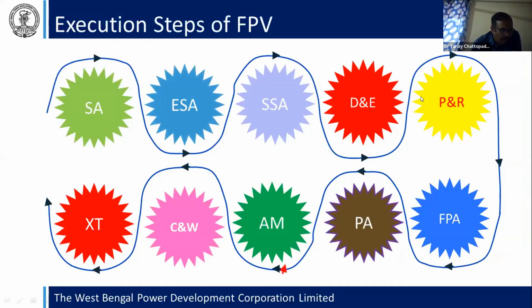Then permission from the regulatory commission is required, that is, what tariff is fixed for that generation and for the power purchase agreement. Then after that, the floating platform assembly design and the panel assembly are required, anchoring and mooring are required, and then cabling and wiring, and after that, the transmission of the power.